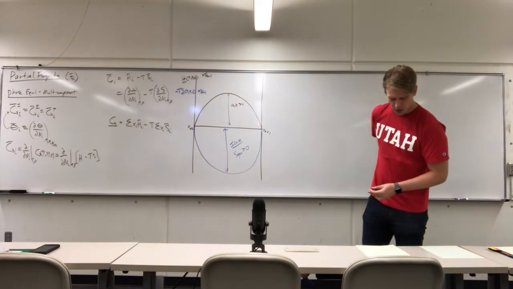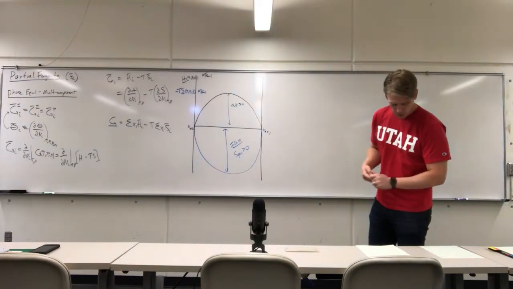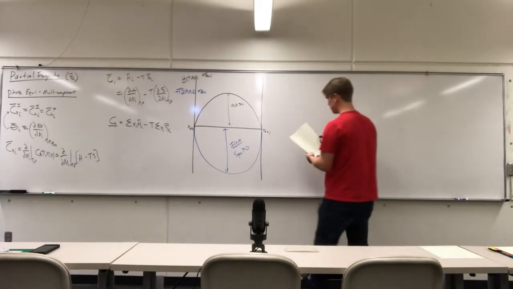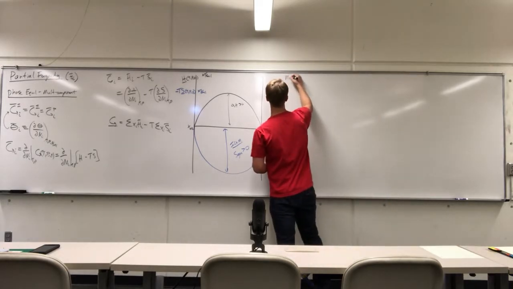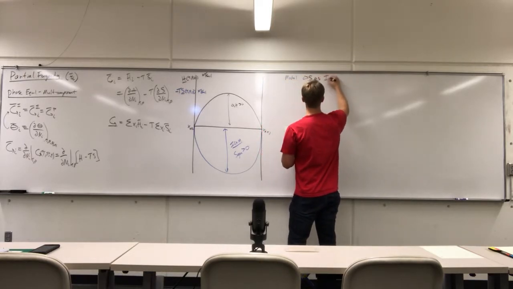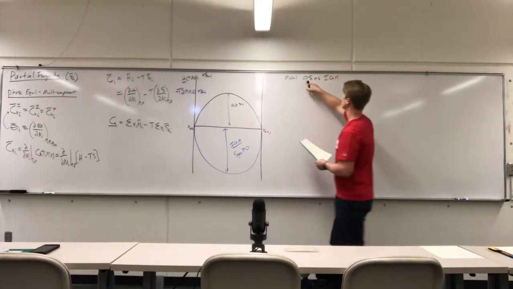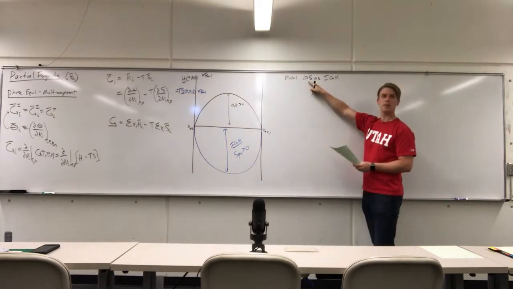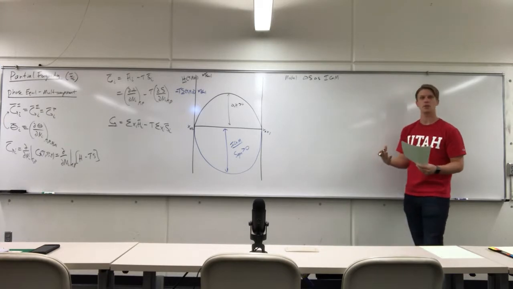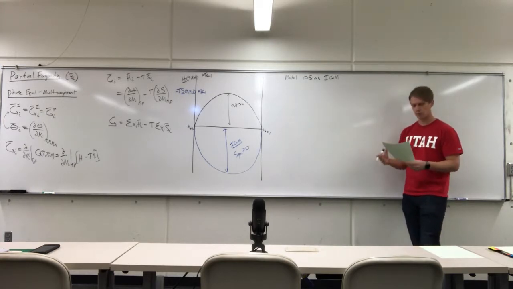So let's look at the entropy a little bit more, because it's going to be the more interesting of the two components. We are going to model the delta S of mixing for this process as an ideal gas mixture, which is the simplest expression that we can come up with for mixing two fluids together.